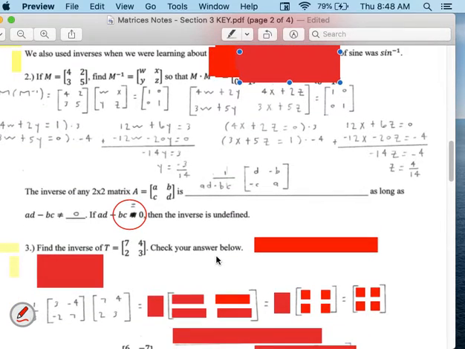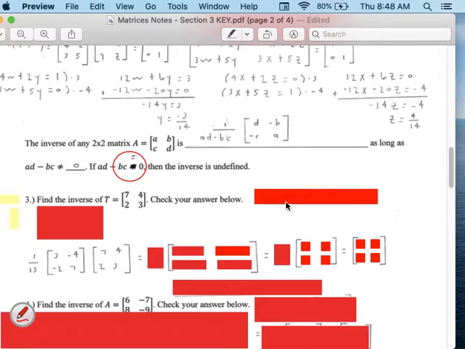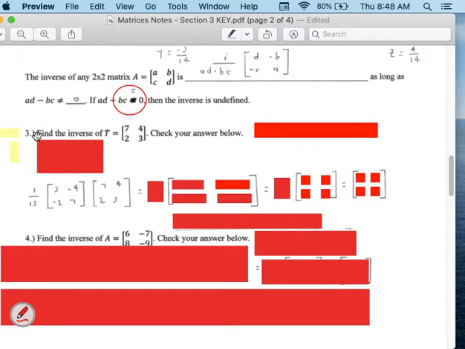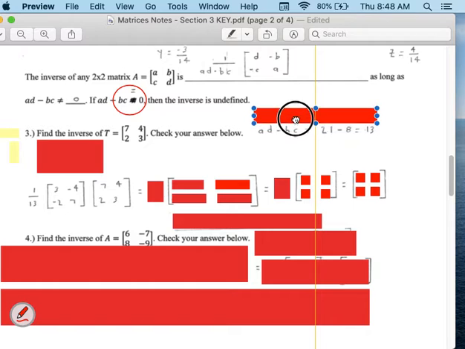So here we go. We're just going to practice jumping from here to here, like finding the inverse. So on example 3, it says find the inverse of T if T equals 7, 4, 2, 3. Check your answer below. Okay?